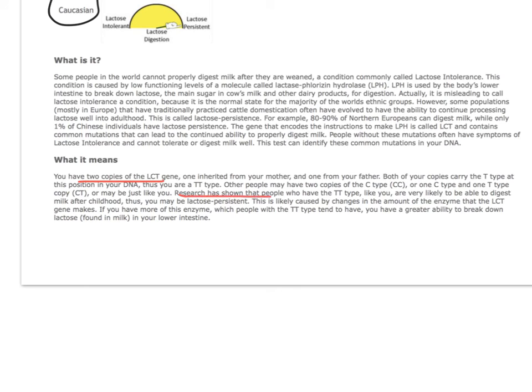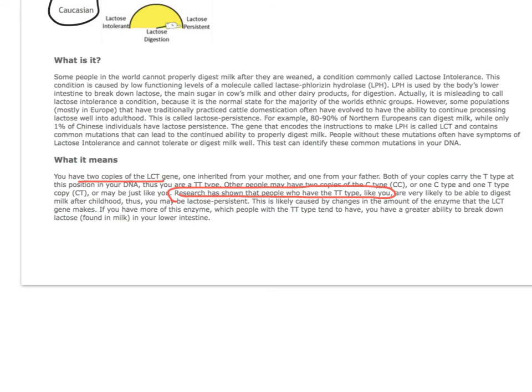Research has shown that people that have the TT type, like you, so they genotyped my DNA. I've got 2 Ts, one that I got from my dad and one from my mom. T was the mutation that allows lactose persistence. So this company tells me that I'm lactose persistent, just based on my genetics. And it's true.